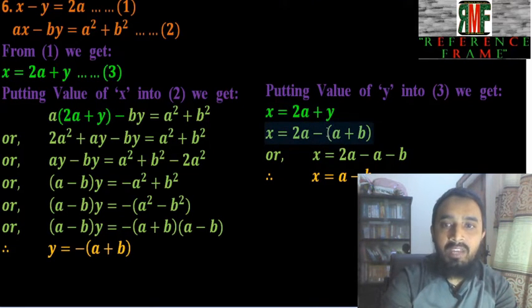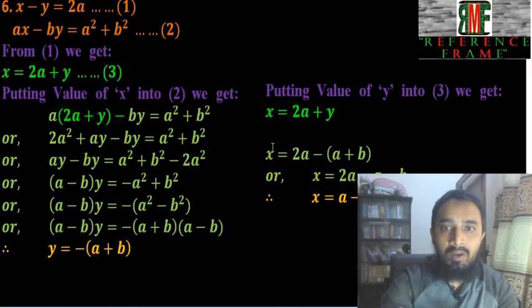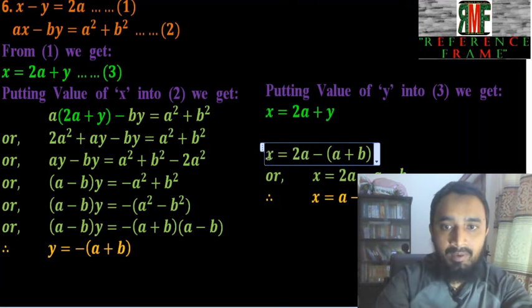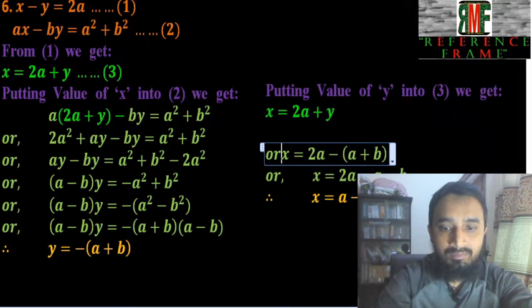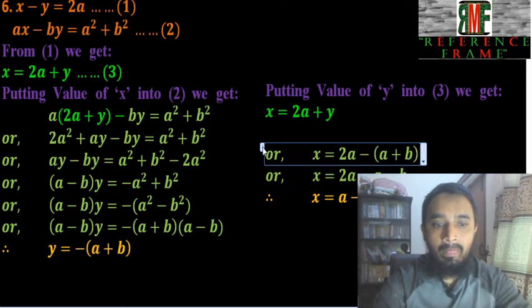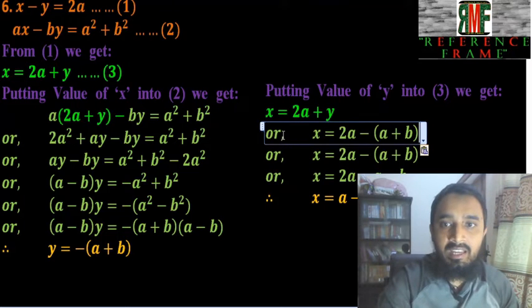This plus becomes minus. Why? Because if I write down another line, that will make it more sensible. If I write it by expanding it, you can see it here.